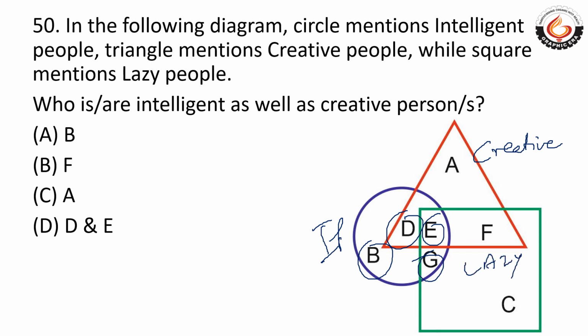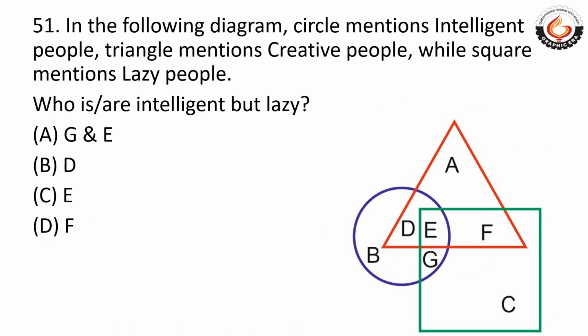Now intelligent as well as creative, so this is the intersection, these all B and G will be eliminated because these are not creative. So option D is the correct one. These are intelligent also and creative also.